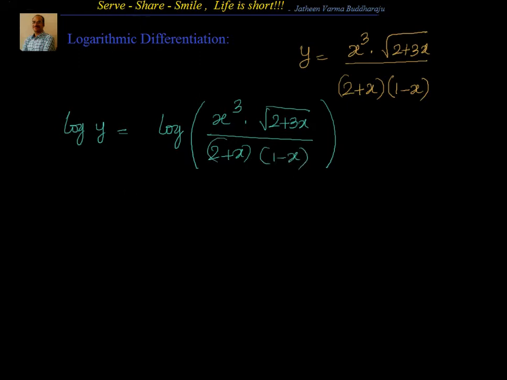Now we know that logarithm of a product is the sum of individual logarithms, that is, log of AB is equal to log of A plus log of B. Similarly, logarithm of a by b is equal to log of a minus log of b.